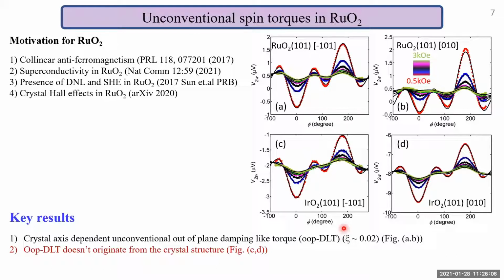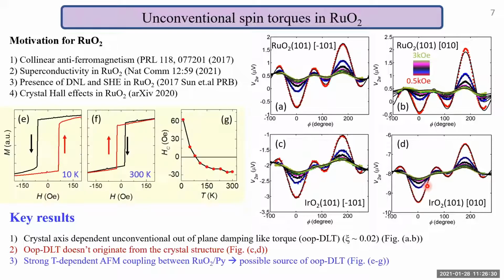The reason is that iridium oxide and ruthenium oxide have almost similar crystal structure and very close lattice constants. But we don't see that kind of extraordinary out-of-plane anti-damping torque from 101-oriented iridium oxide. So at least we can tell that it doesn't arise from the crystal structure. So there has to be something different.